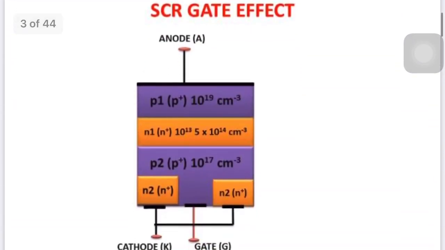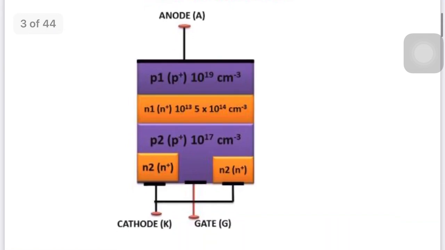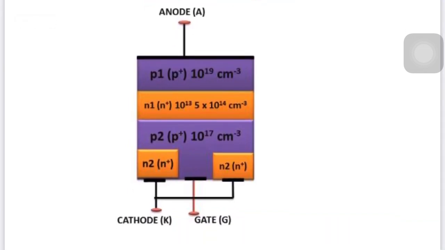So, we can understand the effect of the gate simply by this figure. Actually there are 3 terminals. I consider the 2 layers of cathode making a single terminal, or we can consider there are two cathodes over there. So, you can see P and PN. So, P1 N1, P2 N2, right.